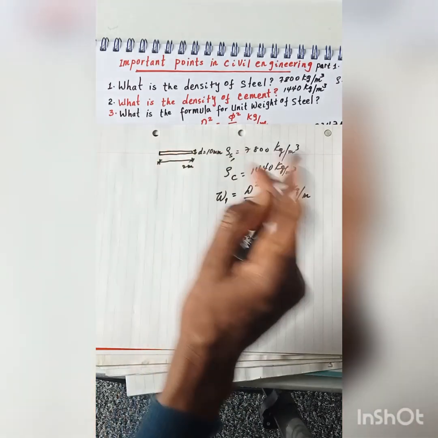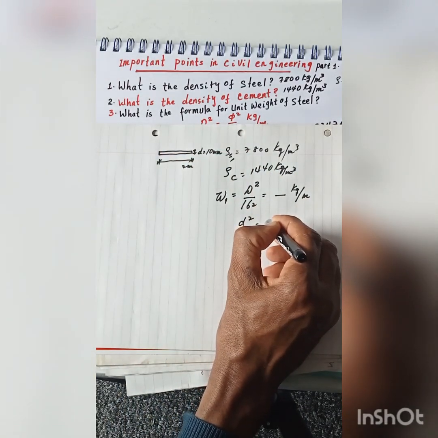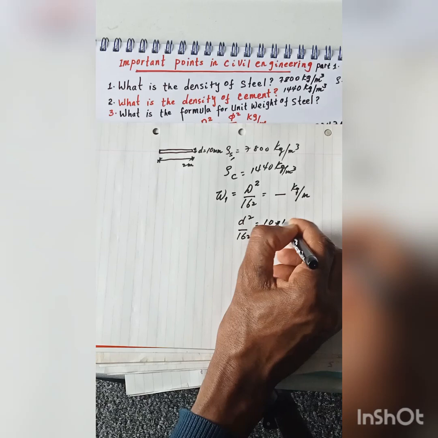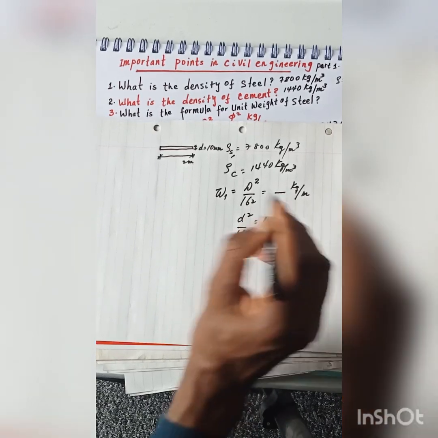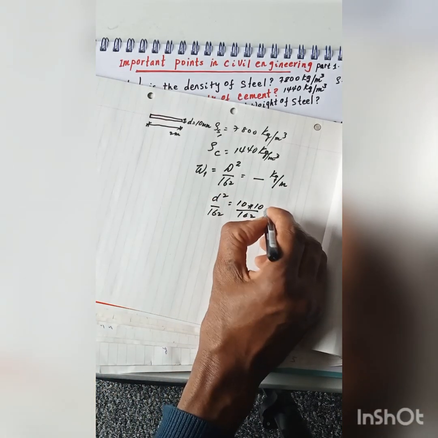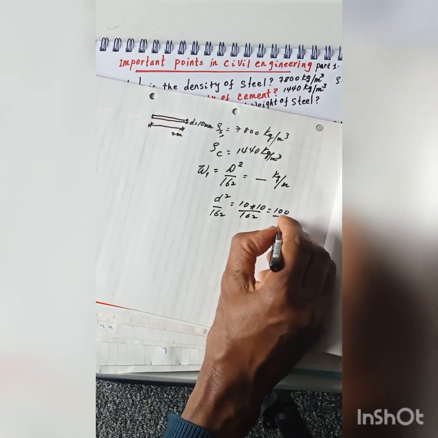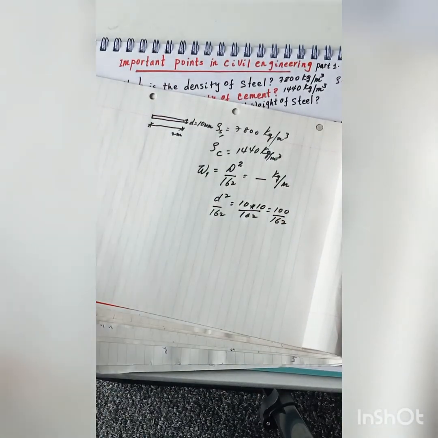The diameter is 10, so 10 times 10 over 162. 10 times 10 is 100 over 162.